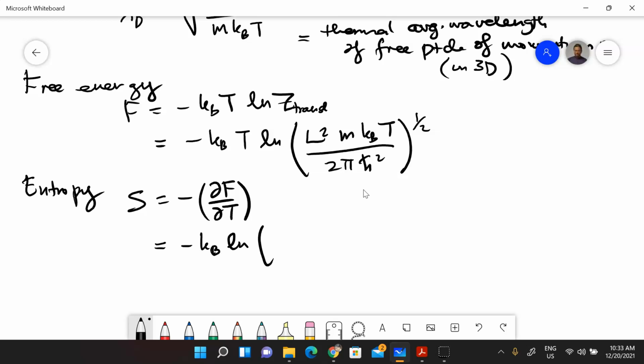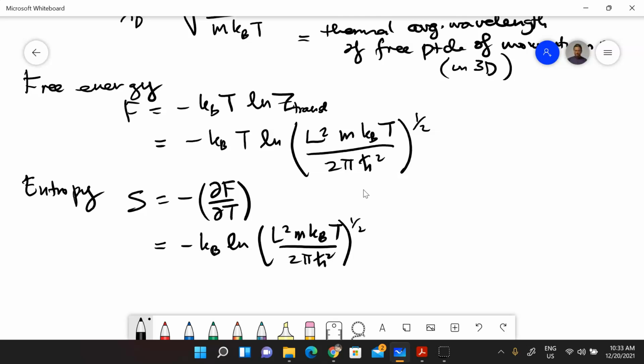Log of L squared m kBT divided by 2 pi h bar squared to the half.